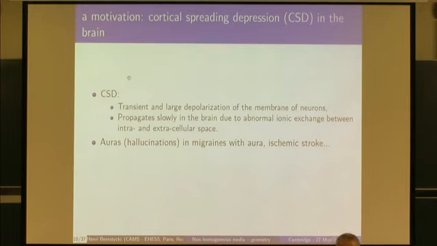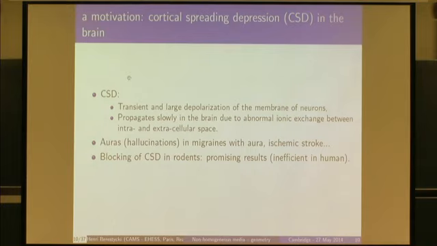One of the ideas is that CSDs are strongly related to migraines, in particular migraines with aura. Auras are when the migraine is so strong that there is a hallucination. Many people are actually subject to this. It's also related to strokes, or people think that there might even be an element related to this in epileptic crisis.